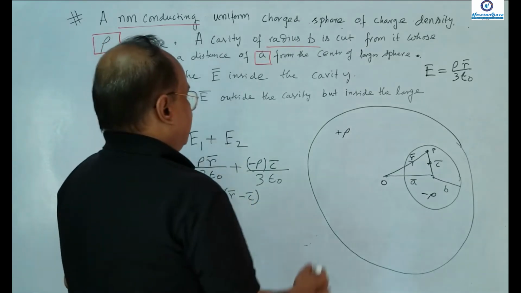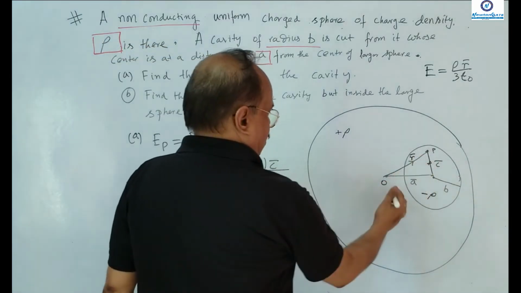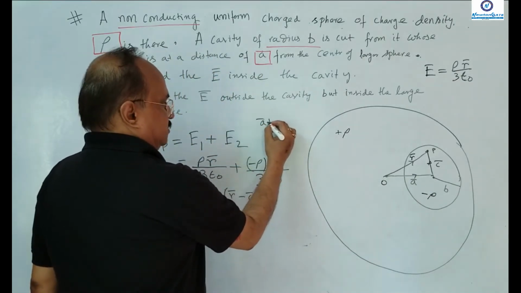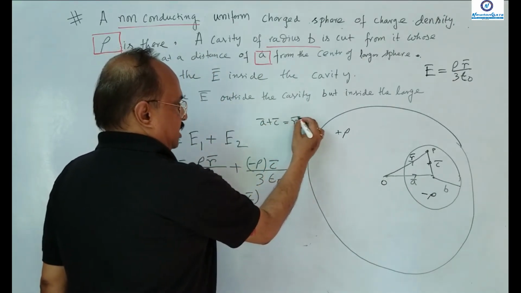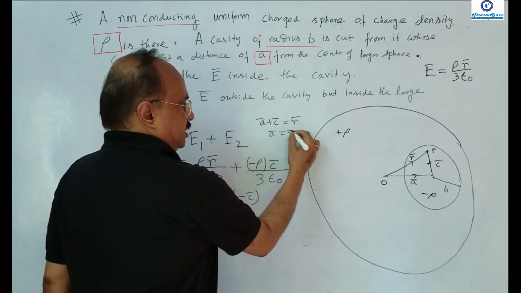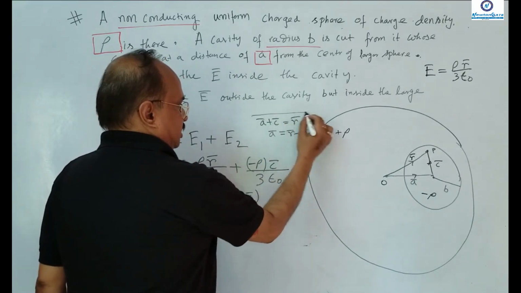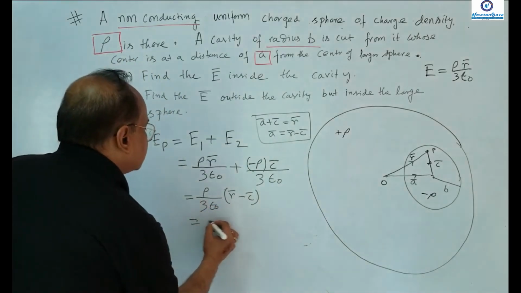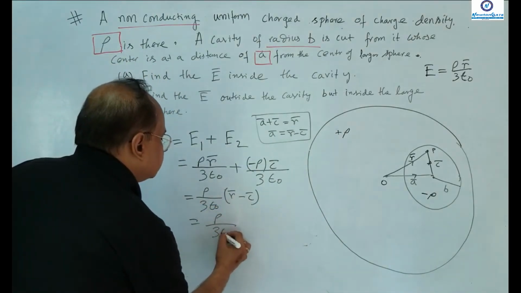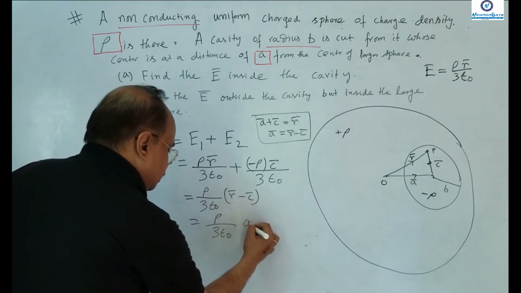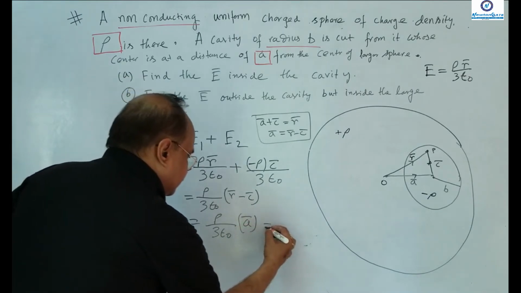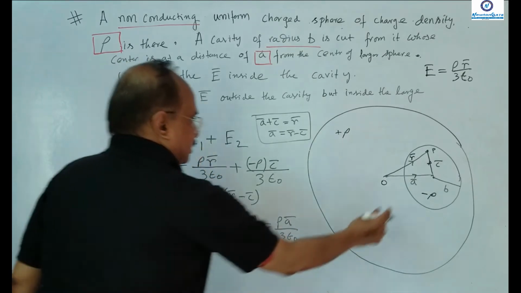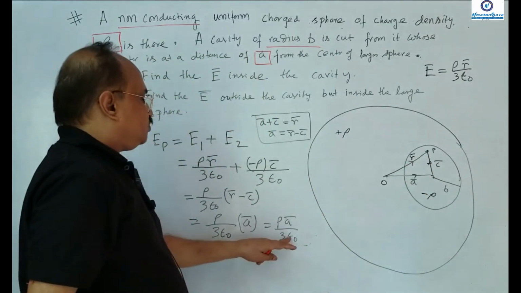As you know, this is the triangle law: vector A plus vector C is equal to vector R. So vector A will be equal to vector R minus vector C. If I apply this here, you will get rho divided by 3 epsilon naught times A, and this A is constant. This proves that the electric field inside the cavity is constant.